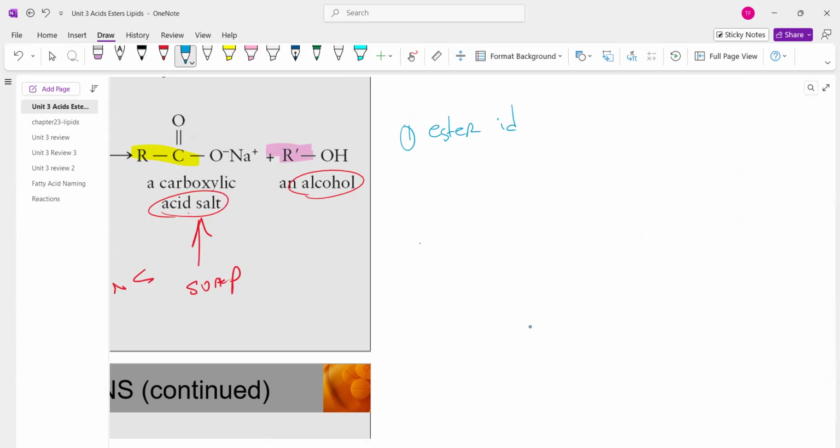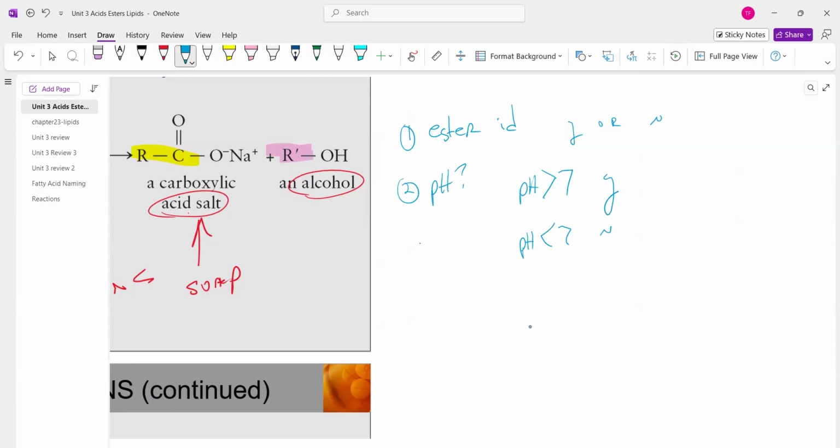So, is there an ester present? That's yes or no. And what's the pH? If the pH is greater than 7, it's a yes. If the pH is less than 7, it's no. The ester still comes apart, but it's not considered saponifiable.